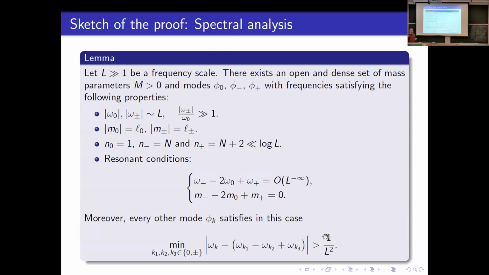So essentially, by playing with the mass parameter, we can isolate 3 modes in the system to evolve resonantly. And it's important here, and this is where the linearity of the dispersion relation comes in, that I can do this by fixing pretty much an arbitrary ratio between those frequencies. So energy here will transfer from omega 0 to omega plus without going through the intermediate ones.